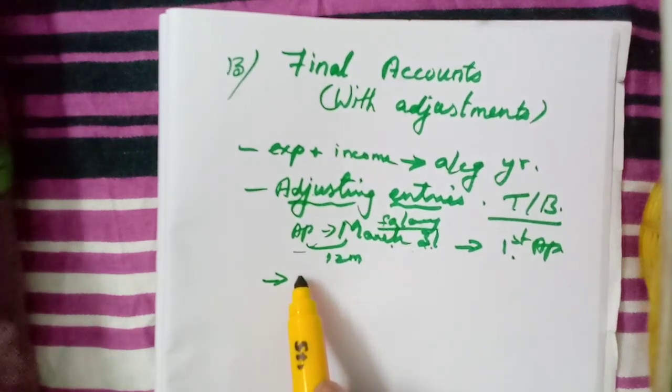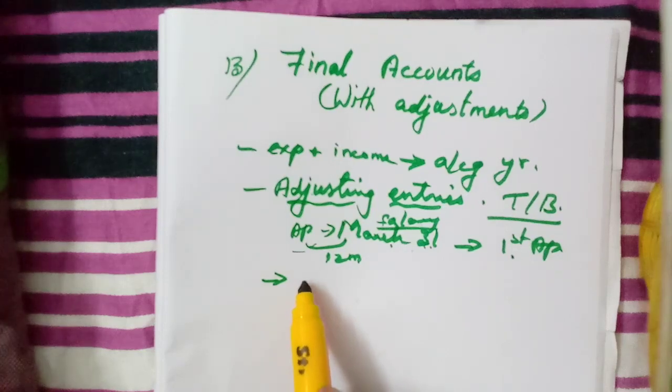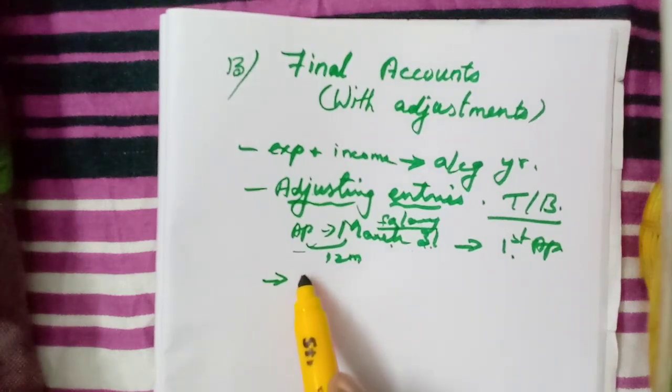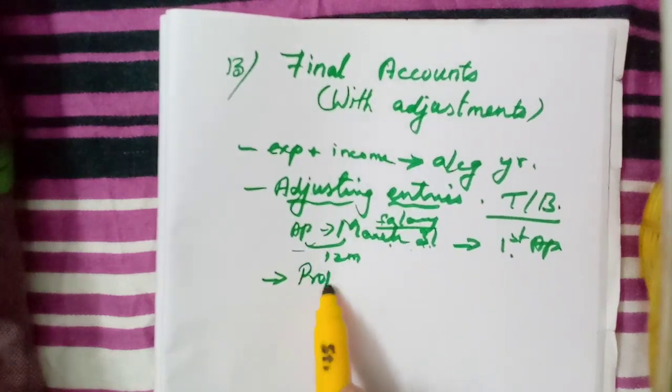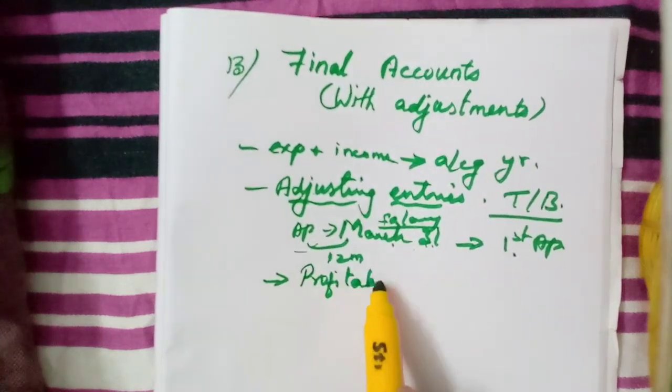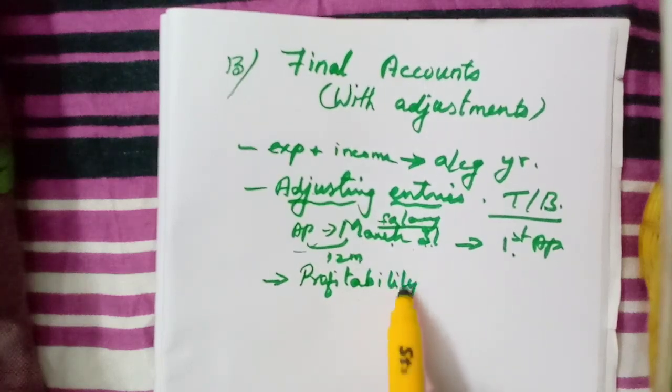The performance of the organization, that is the profit and loss account. That account shows the profitability. So that profit must be true and fair.